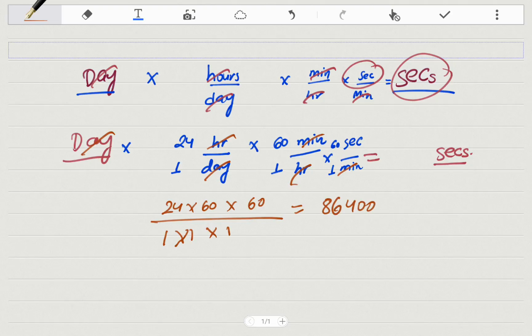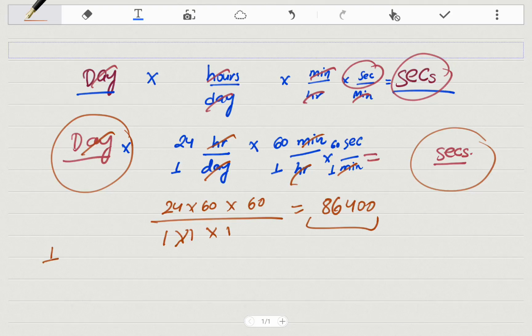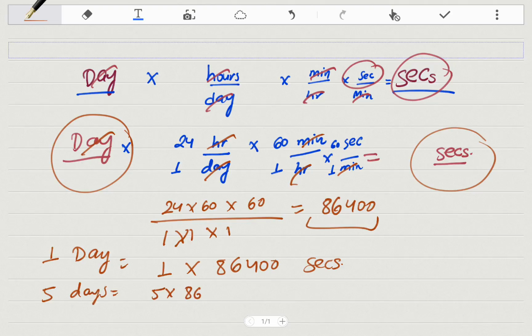So really going from day to seconds, it involves a conversion factor of 86,400. What that means is if you're asking me how many seconds are there in 1 day, all you have to do is 1 times 86,400. If I ask you how many seconds are there in 5 days, it really means 5 times 86,400. You can do the math.